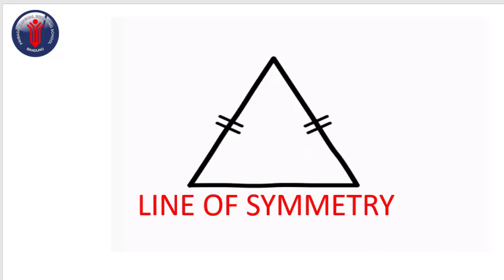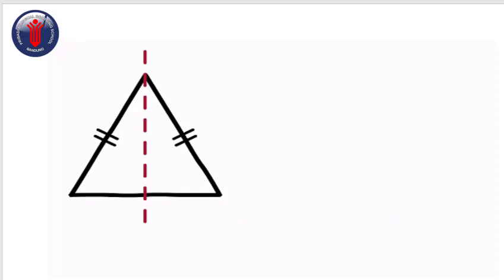It's easy, and I'm sure most of you would have got it right. If I draw a line like this, yes, it's a vertical line which divides the triangle into two parts, which match exactly when folded along the line.